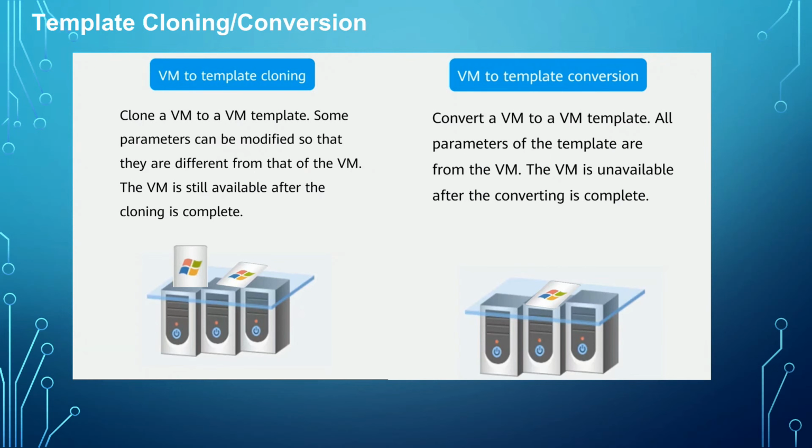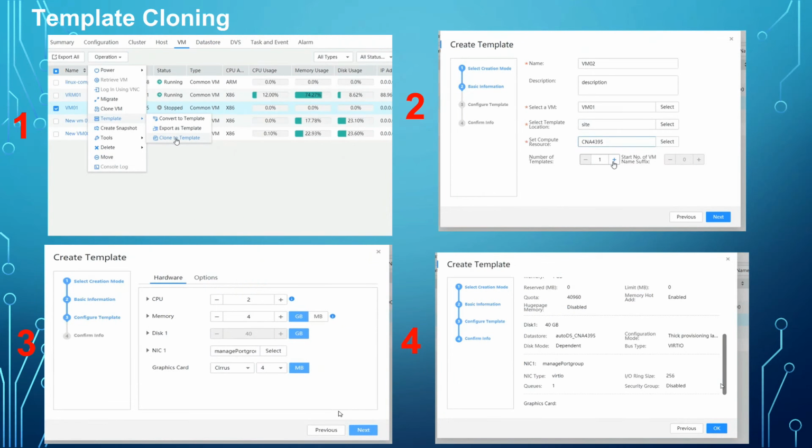Okay, these are the steps for how we can do template cloning. You have to select the VM, then go to the template menu and click on clone template. Once you click on clone template, in the second step it will ask for the VM name. The source VM is already selected.